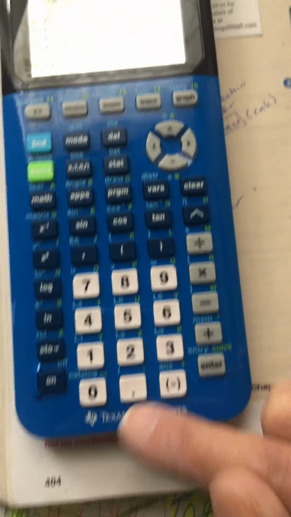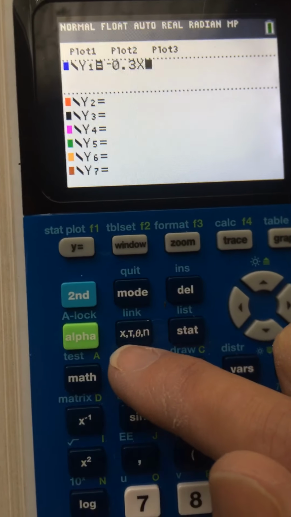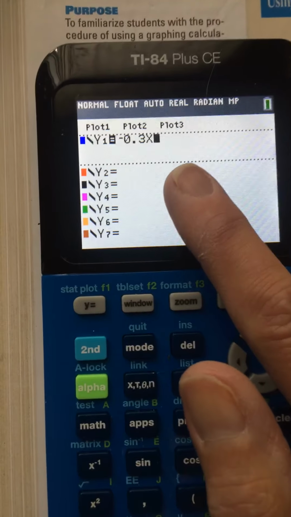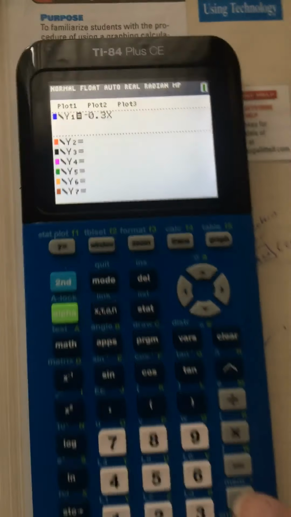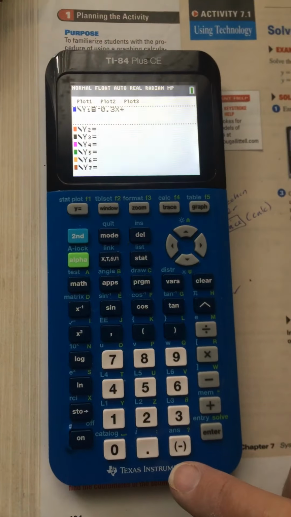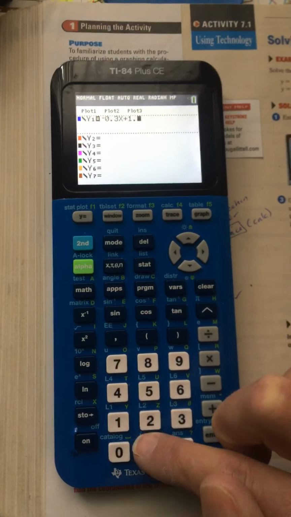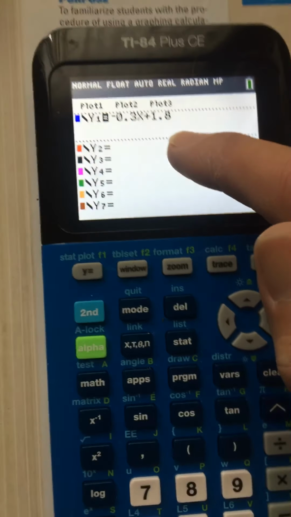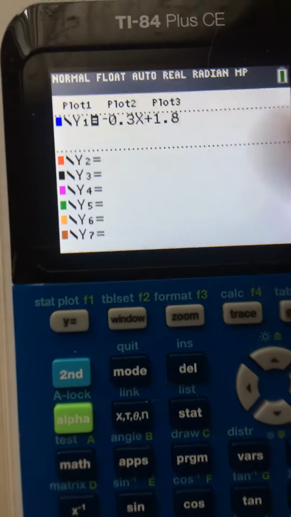So point is right there, and the button for x is that one, X,T,theta. That's your x button. Now we do plus 1.8. Now, it doesn't matter if these are in proper order with x's before bare numbers. Your calculator doesn't care about etiquette.